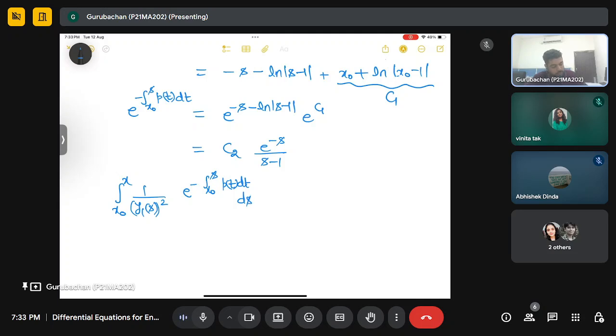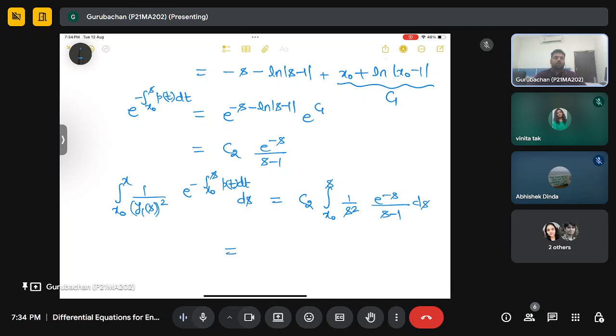This will give you c2 times the integral from x naught to x of 1 by s square, e to the power minus s divided by s minus 1, dx. So now you need to solve this one.